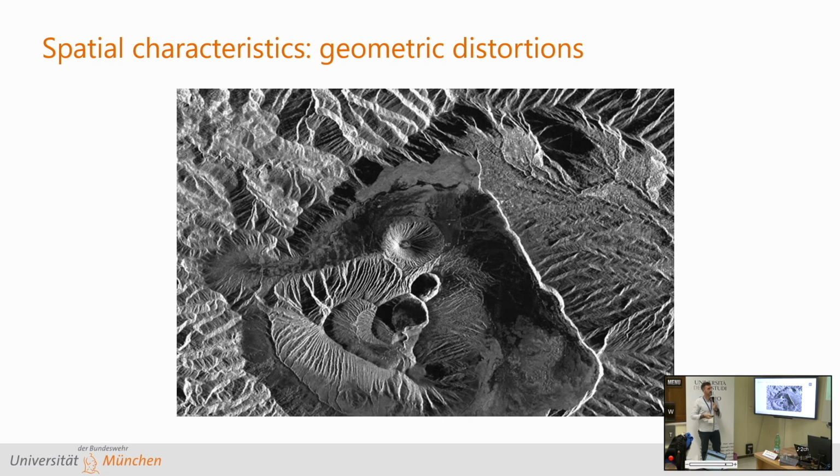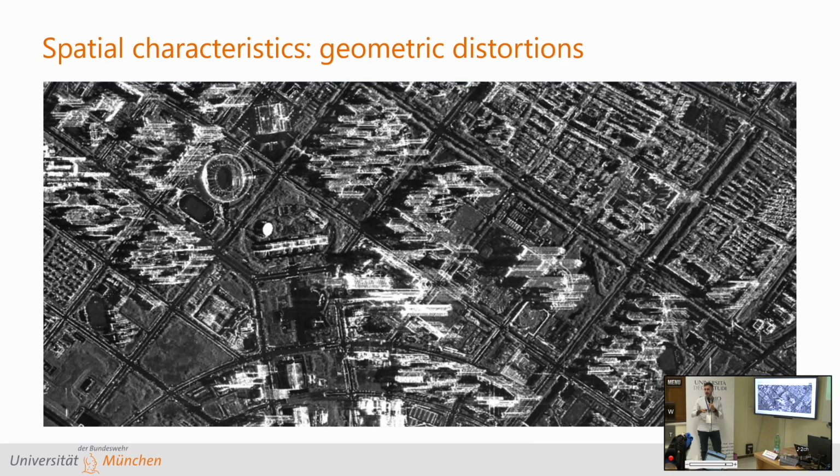Let's change the scene a bit and see how this looks in an urban scenario. Here we have skyscrapers, big tall buildings, probably not even skyscrapers, but mainly tall buildings. And we can see exactly what we said before. We have a layover effect. This is the top of the building, which appears before the bottom.